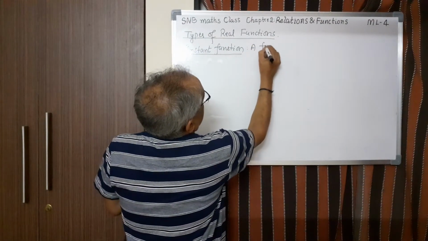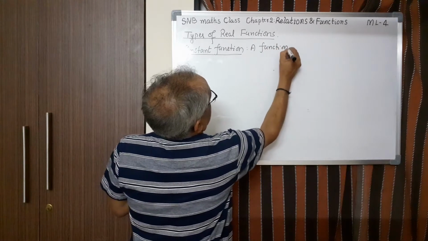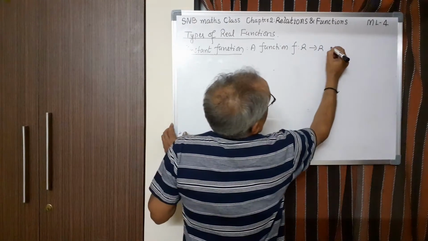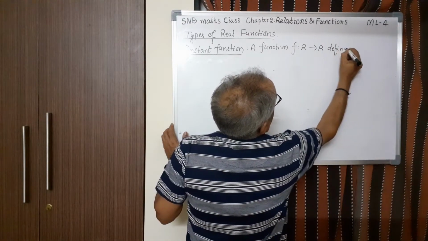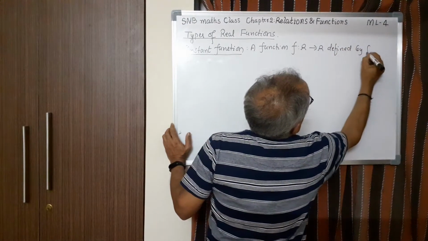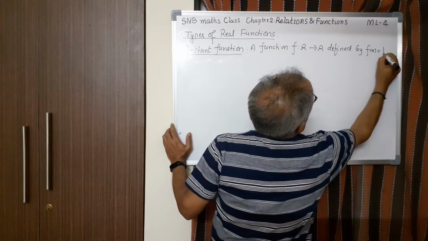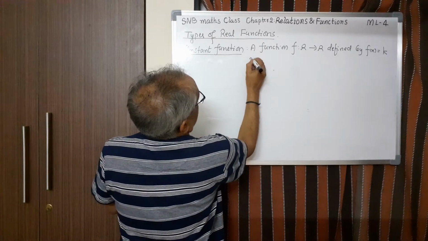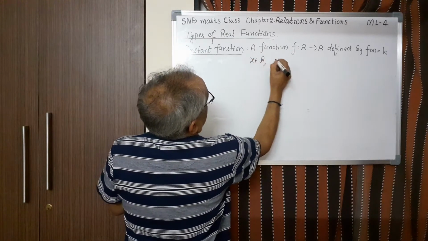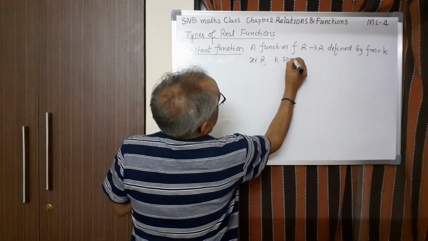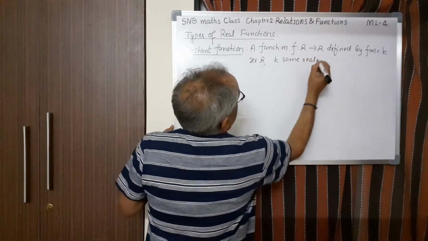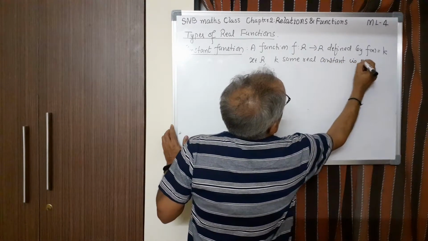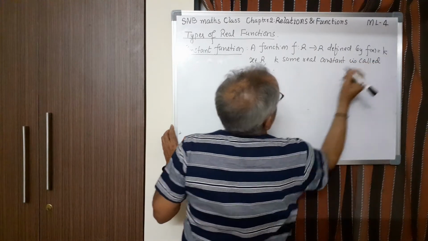A function f from R to R defined by f of x equal to k for x belonging to R, and k some real constant, is called constant function.